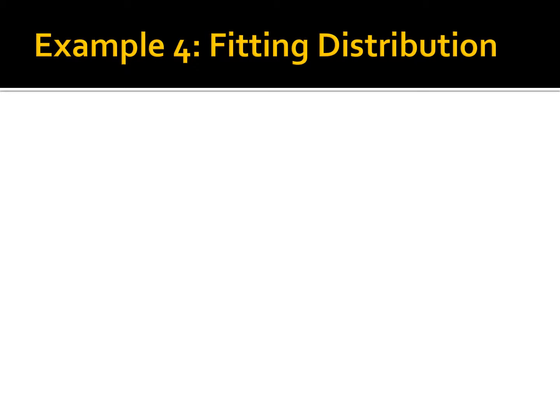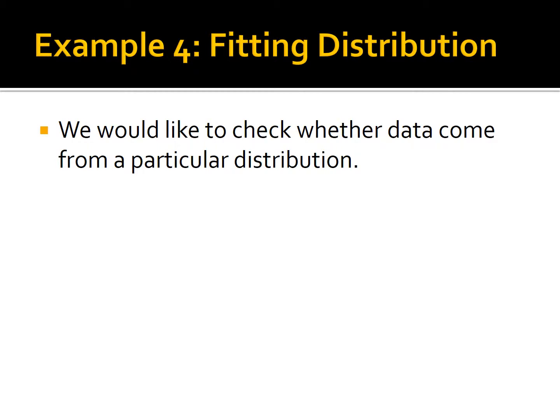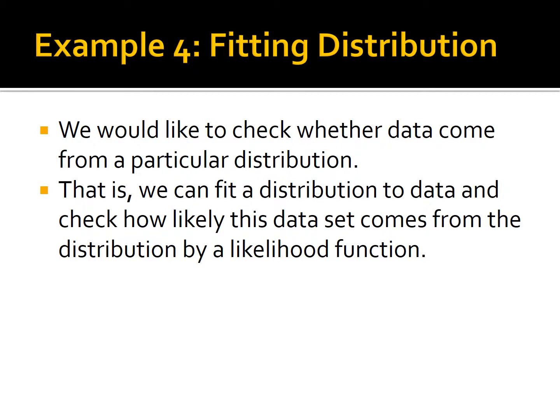So, for example, I would like to fit a distribution to data. We would like to check whether data come from a particular distribution. For example, I would like to fit a distribution to data and check how likely this dataset comes from the distribution. We can use the likelihood function.